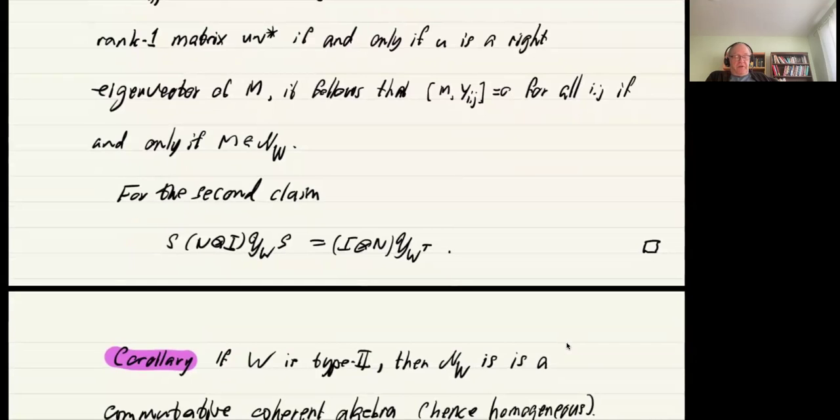For the second claim, we just use the fact that we're applying S to this, where we put an S squared there. And so S applied to M tensor I is I tensor N. That's what S does. And S here is Y sub W transpose.